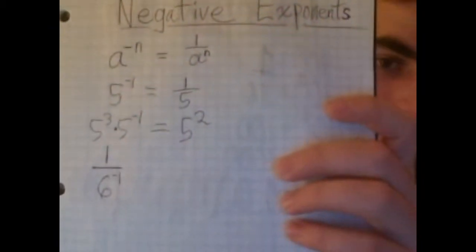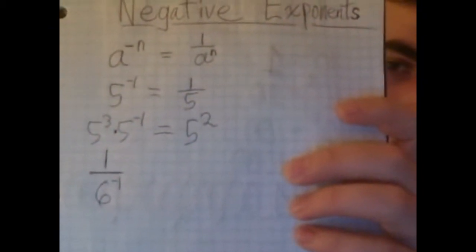Let's give another example that might be kind of complex, where rather than a number to the negative first, we have 1 over a number to the negative first. This is 1 over 6 to the negative first. What we have to do here is actually flip it to the top, and I'm going to show exactly why.